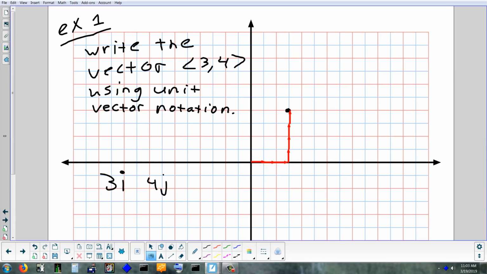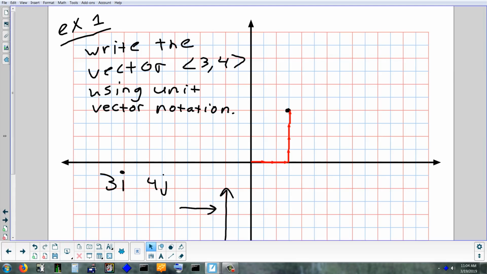And what operation did we just do with the vector 3i and 4j, the way that I've connected them? Between the two vectors, right now you've got that, and you've got that. What are we doing with those two vectors?